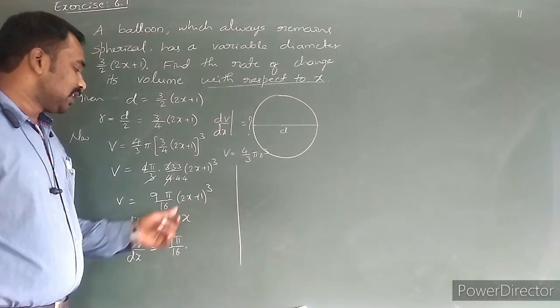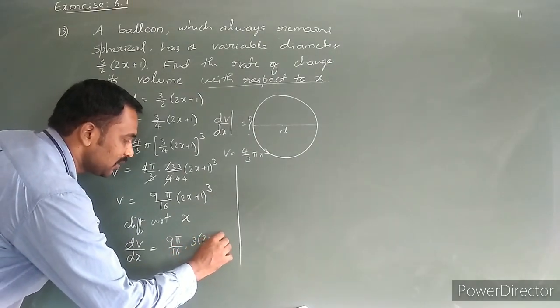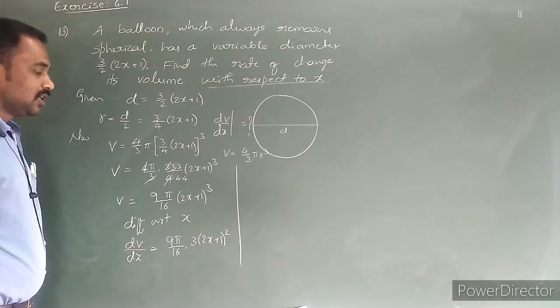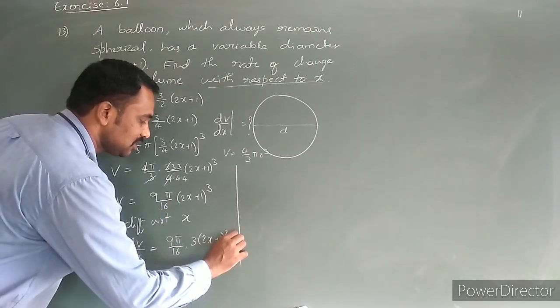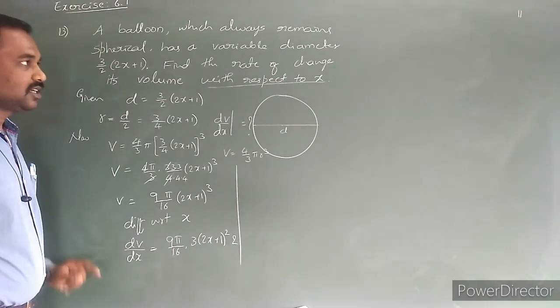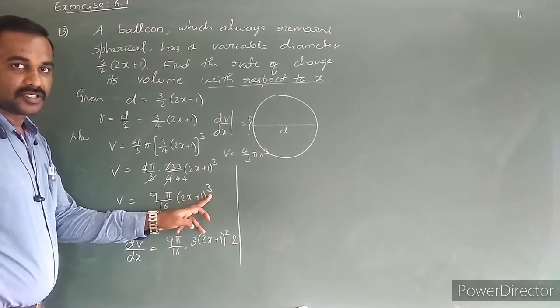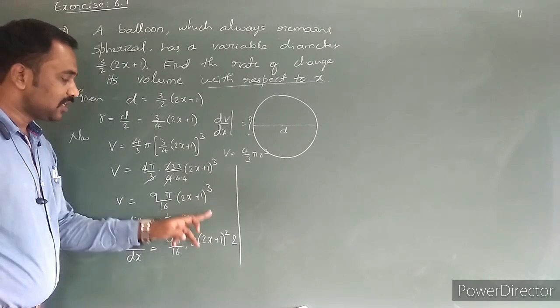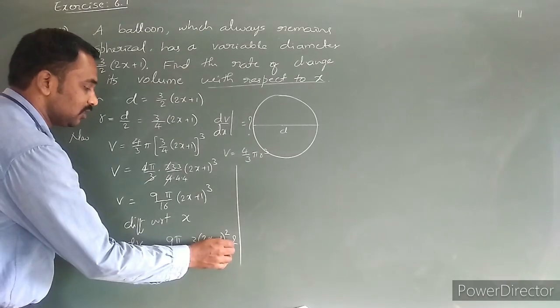Again here the chain rule we have to apply. So 3 into (2x plus 1) whole square, in place of x it is 2x plus 1. The differentiation of 2x plus 1 is 2. Are you clear? Yes. The differentiation of 2x plus 1 is 2. Differentiate x power n first, and afterwards multiply by the differentiation of 2x plus 1.